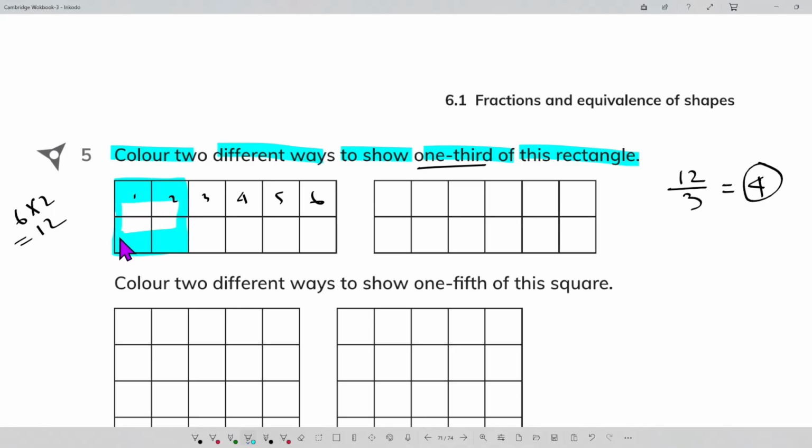This is 1/3 we colored. We can also make another way, like 1, 2, 3, 4. This is 1/3. Very simple. Here is a total of 12 squares. Once we make 1/3, it will become 4, right?